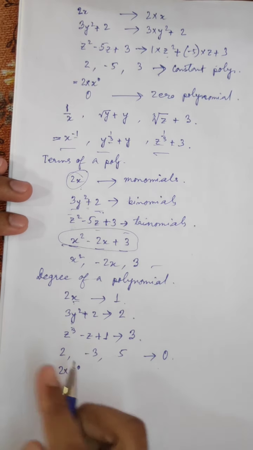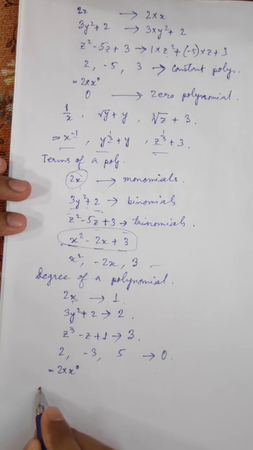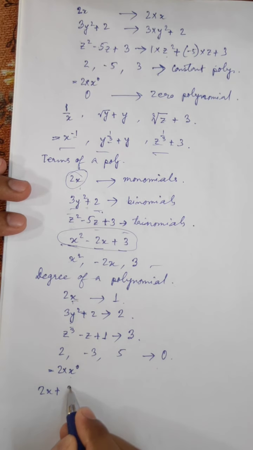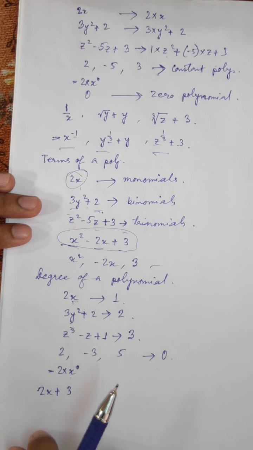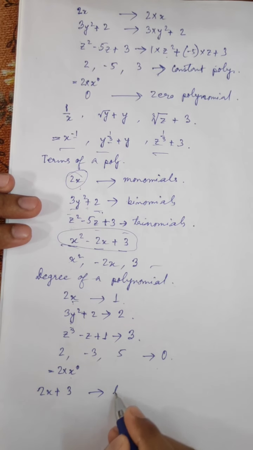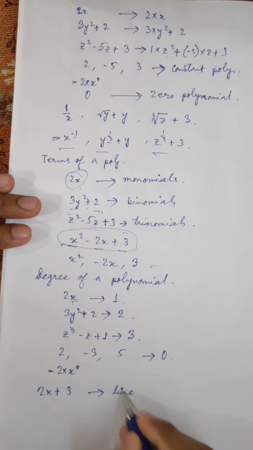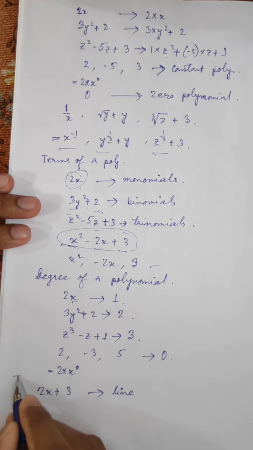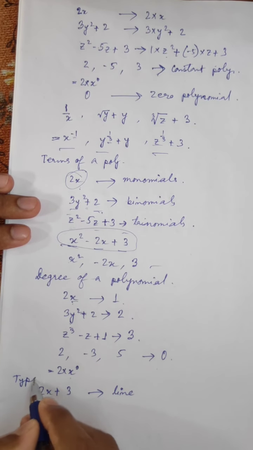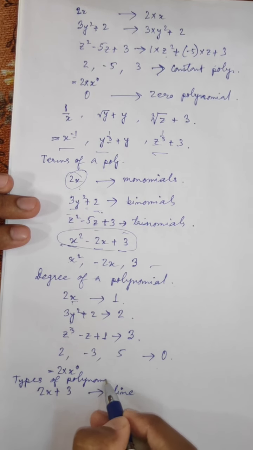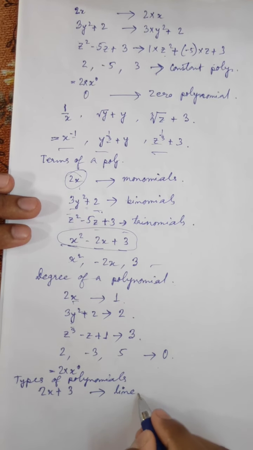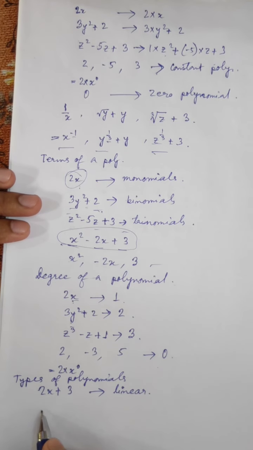Now depending on the degree, we can determine the types of polynomials. If I write 2x plus 3, here the degree of this polynomial is 1, so this is called a linear polynomial.